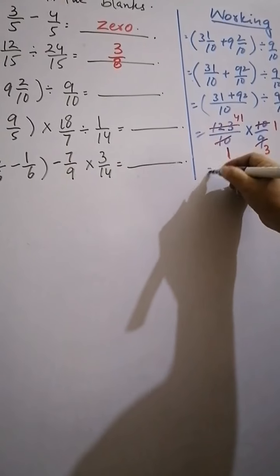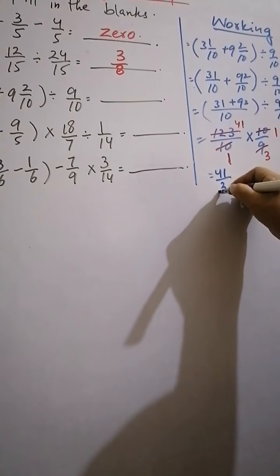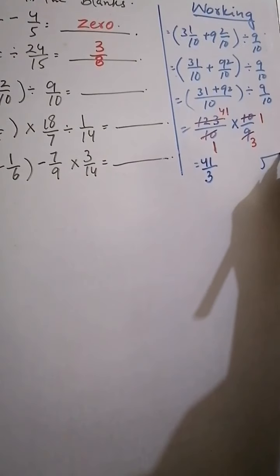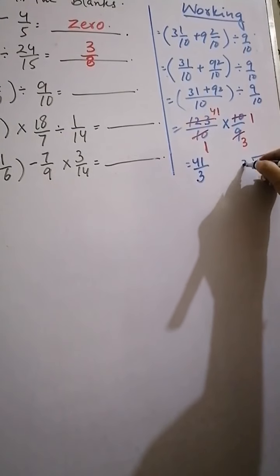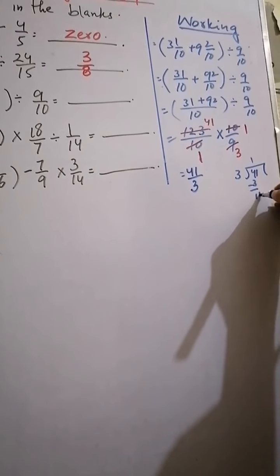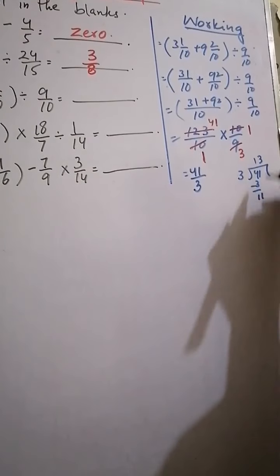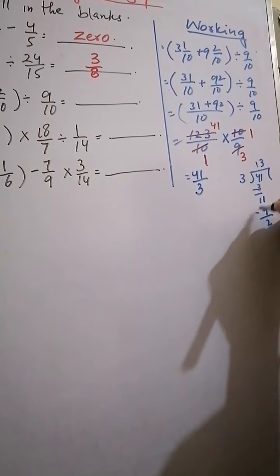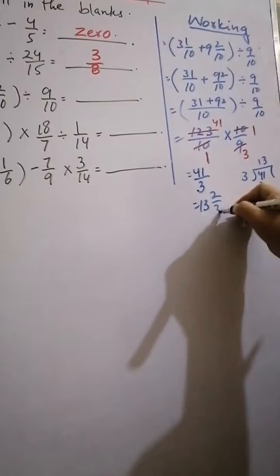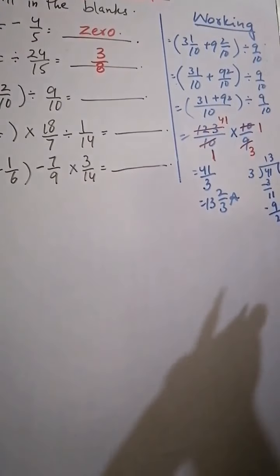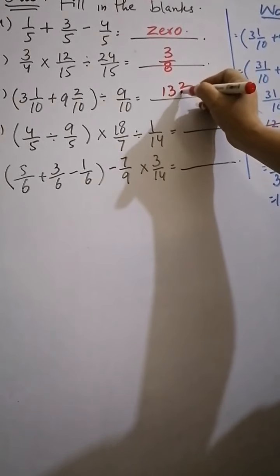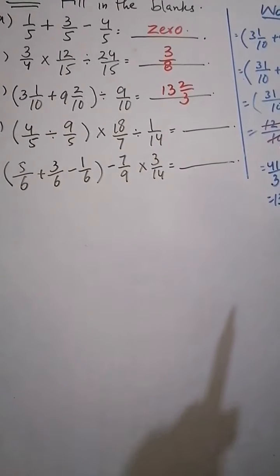So we will write here 41 by 3. 41 by 3 is an improper fraction, so we have to divide over here. 3 ones are 3, 1 remainder, 1 comes from above, so 3 3s are 9, remainder is 2. So we can write here 13 whole 2 by 3 is the answer. So we will fill the blank over here with 13 2 by 3, right?